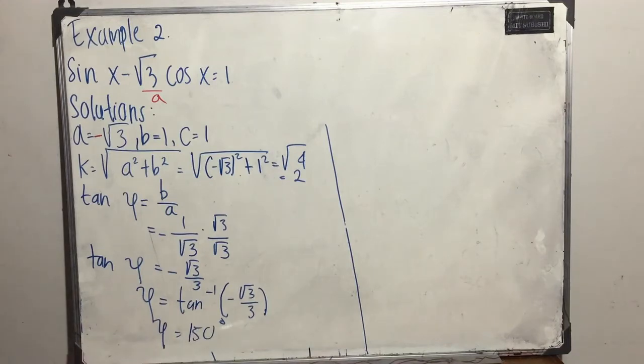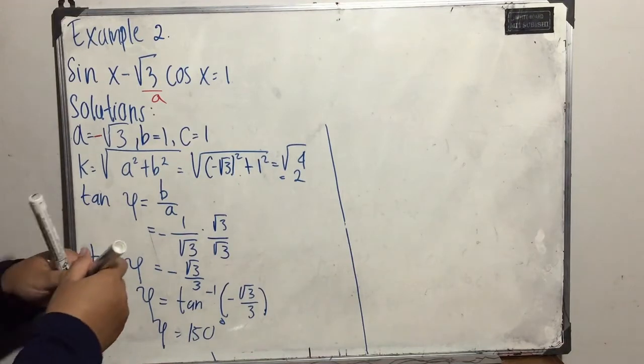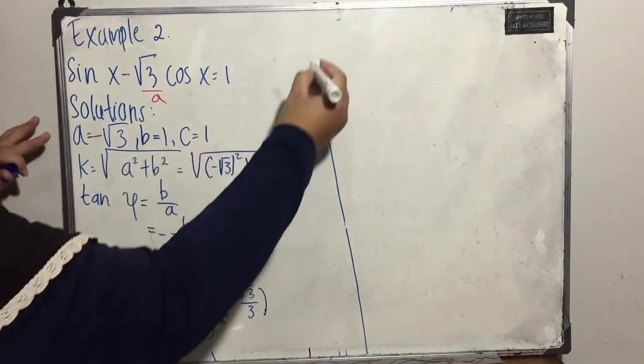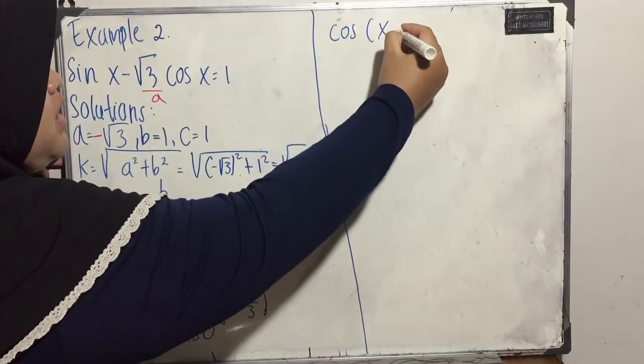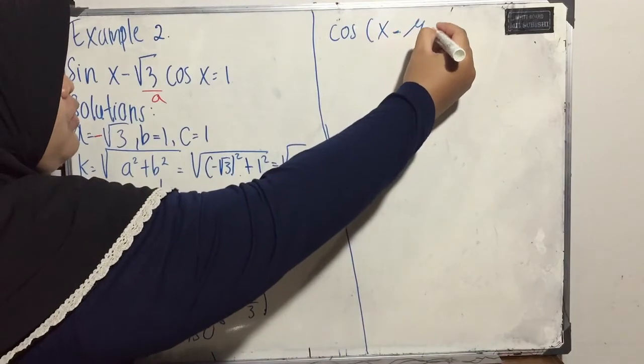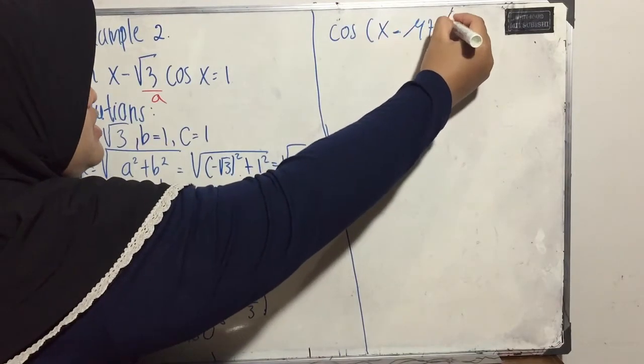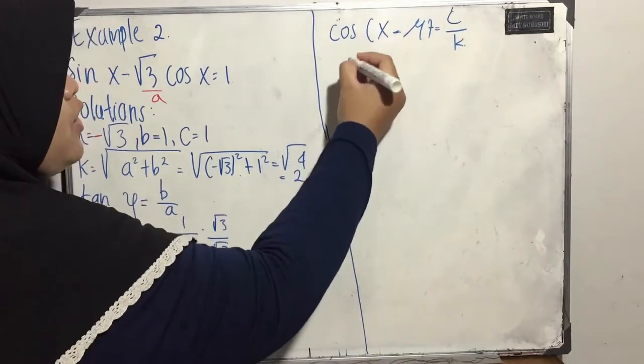Okay, so we can continue to the formula. The formula is cosine x minus mu is equal c over k.